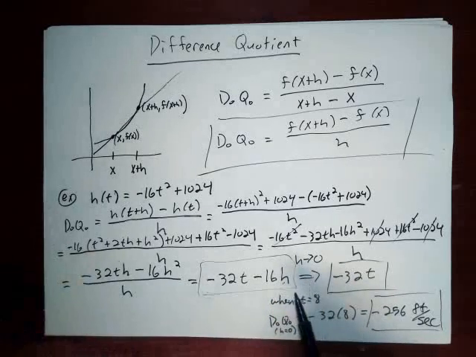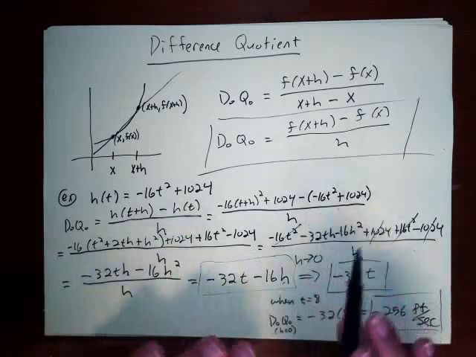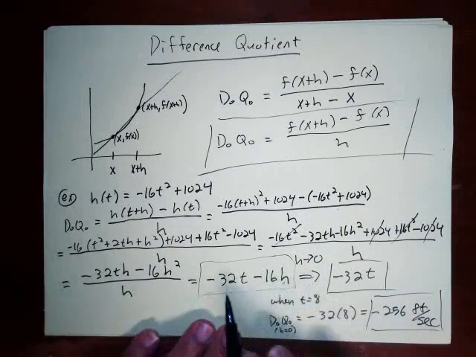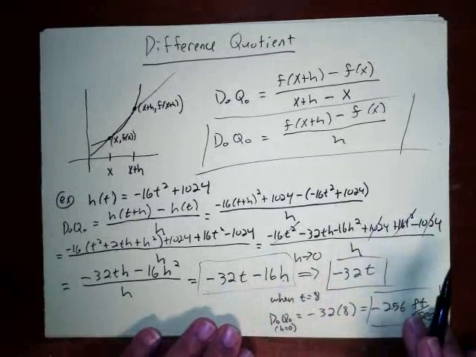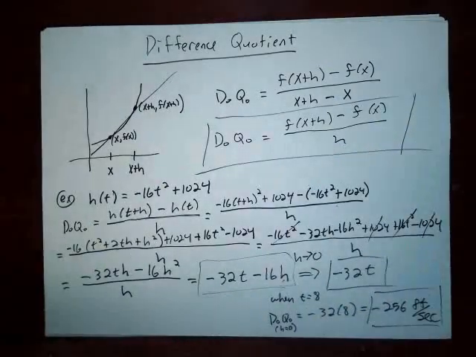So this idea of letting h go to 0, this is known as taking a limit. Okay, you're not evaluating this expression at 0. That would be undefined. But we could let h go to 0, and as it does, this expression goes to negative 32t. And then we can use that at whatever time to find the instantaneous rate of change.